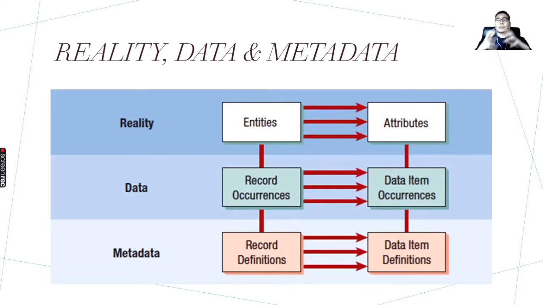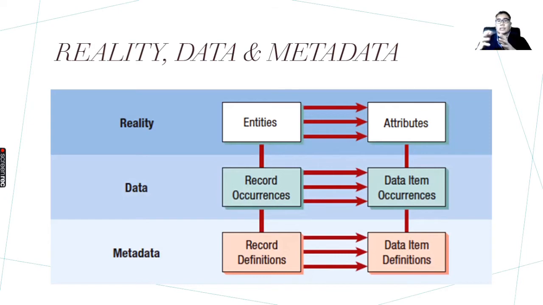And lastly, the one that explains the data itself is the metadata. Metadata equals data that explains data. For example, we have the record occurrences. The definition of each of the occurrences is the metadata.